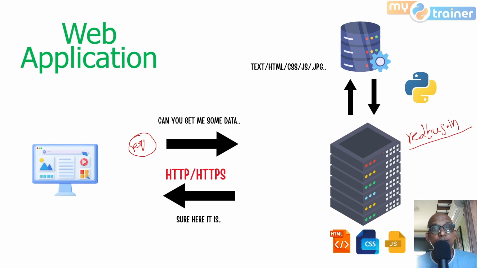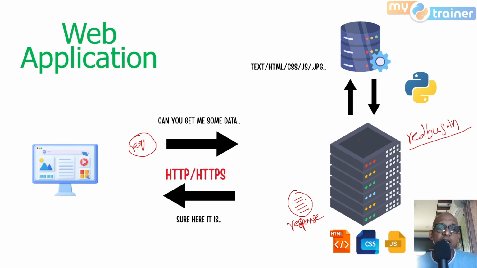The server is going to connect to the respective database present on the Redbus server, where there are so many tables, columns, rows, and so much information. The Redbus server fetches the respective data from the respective tables in the database and prepares a response object. In this response object, the server keeps all the data fetched from the database.